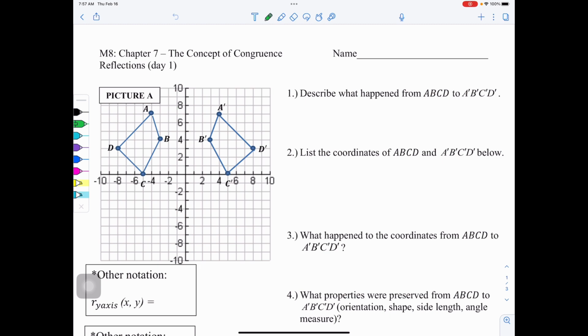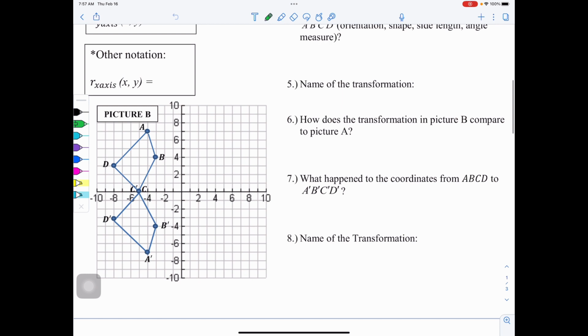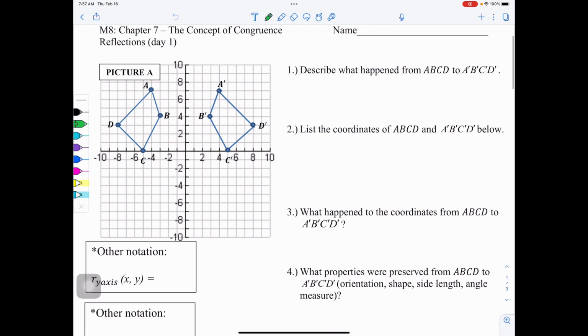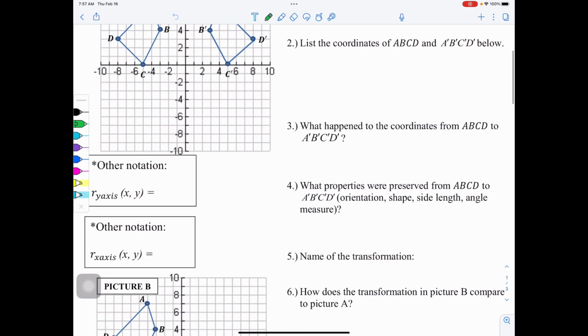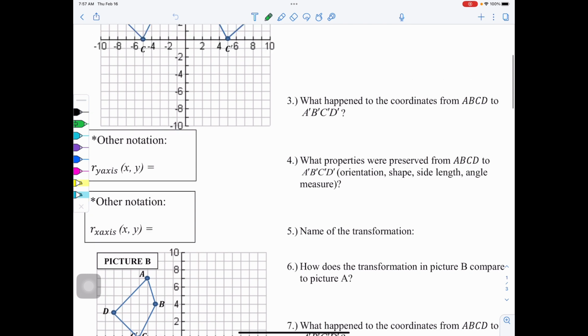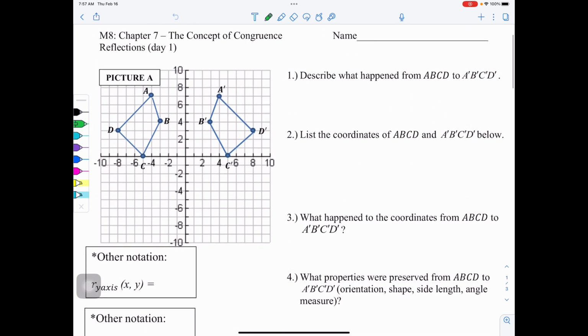So you are now going to answer questions 1 through 8 using the pictures to the left. So picture A and picture B. You can leave the other notation boxes blank. That will be filled in after the investigation along with me. So looking at those pictures, you are going to do some describing of what happened, what you're noticing, what you see.